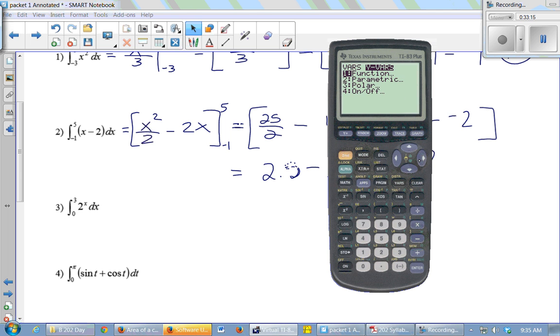And then y1 evaluated at 5 minus y1 evaluated at -1. So this is a good thing to check to see, is my mistake in my antiderivative or in my arithmetic, right? Because if you get the right answer this way, then your antiderivative is right and you messed up your arithmetic. So it's a good way to figure out which one you messed up if you didn't get the right answer.